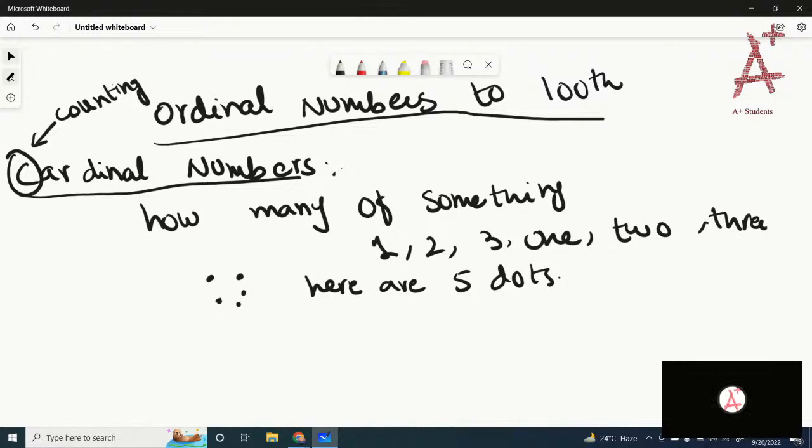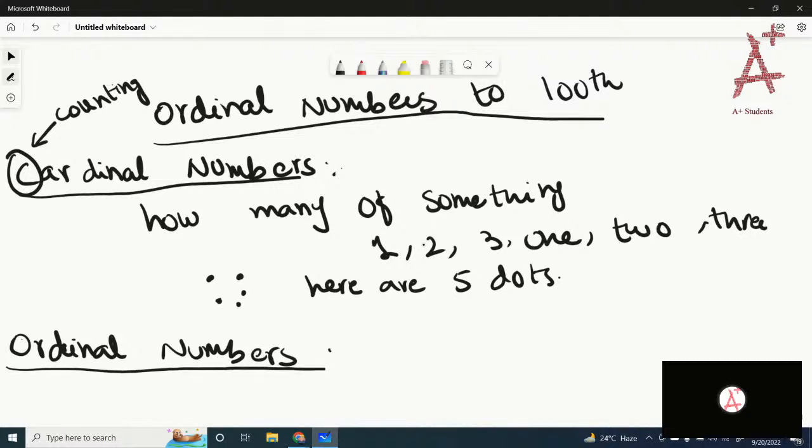Got it? Okay, now let me explain what are the ordinal numbers. Ordinal numbers tell us the position of something in a list.